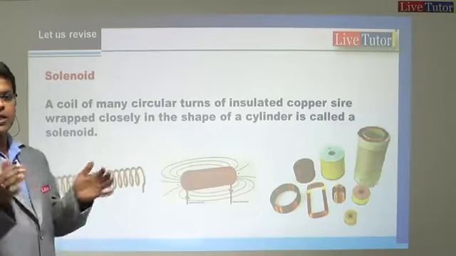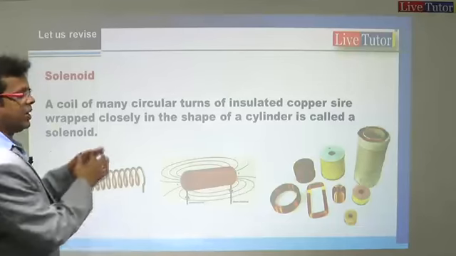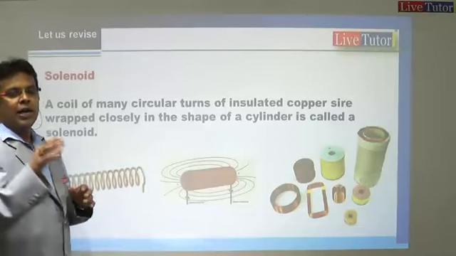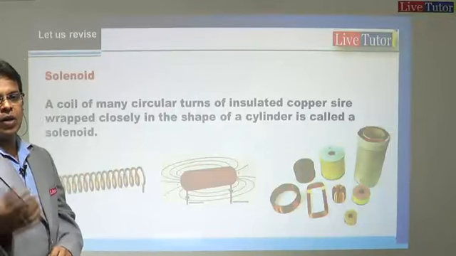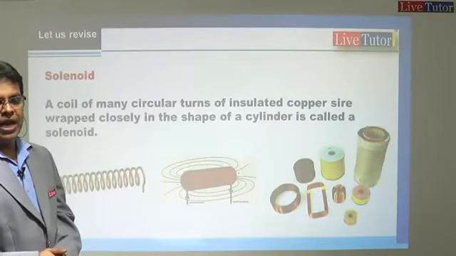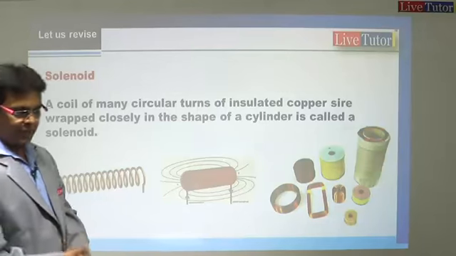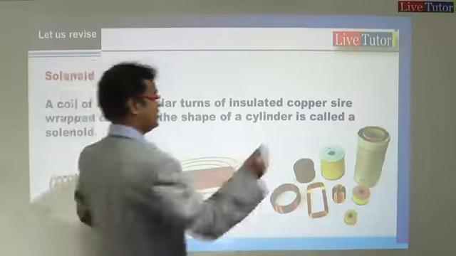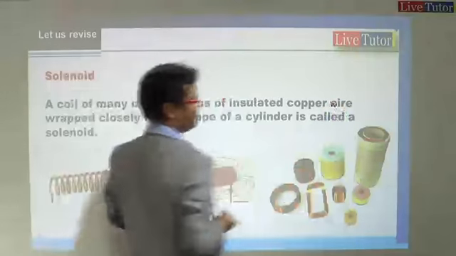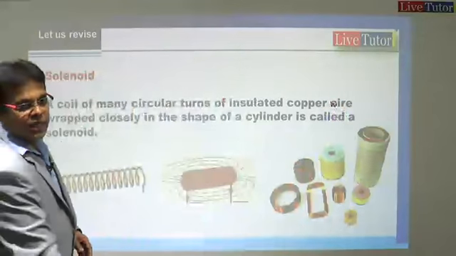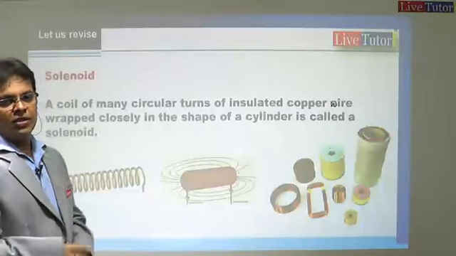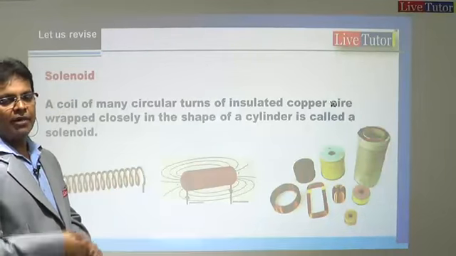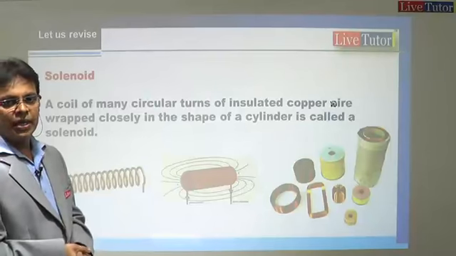But as per your textbook description, it is a coil of many circular turns of insulated copper wire wrapped closely in the shape of a cylinder. It is not sire, it is wire. My spelling mistake is there, correct it.